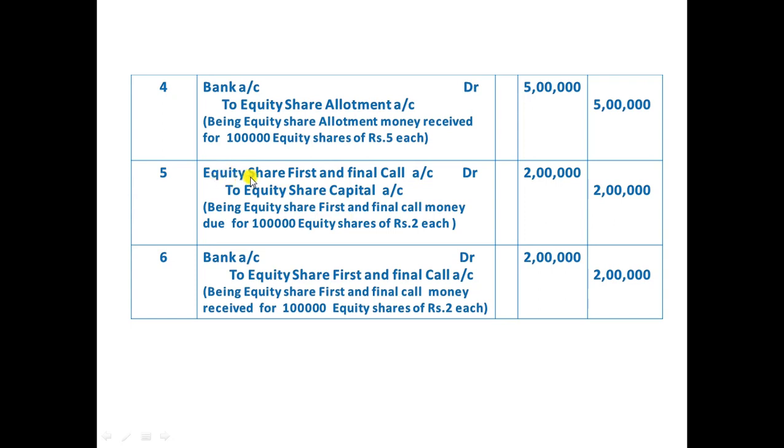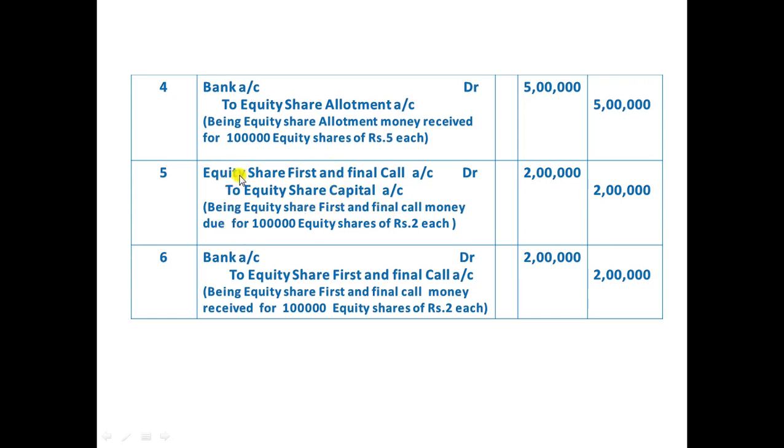So we need to debit equity share first and final call account, debit to equity share capital. Even here also the same. If you observe, the second entry, the third entry and the fifth entry remain the same: equity share first and final call account to equity share capital account. So here the first and final call money we are going to transfer to capital as a due.